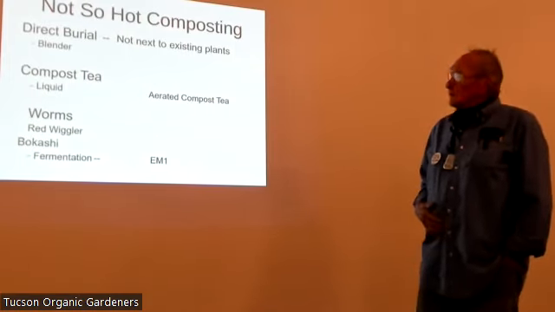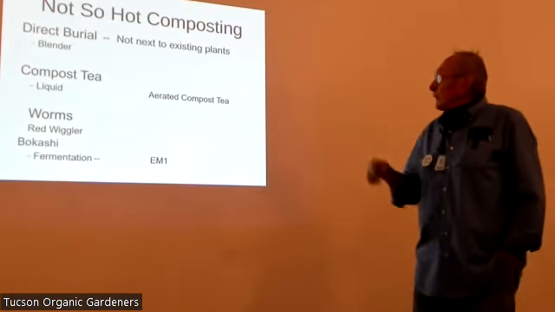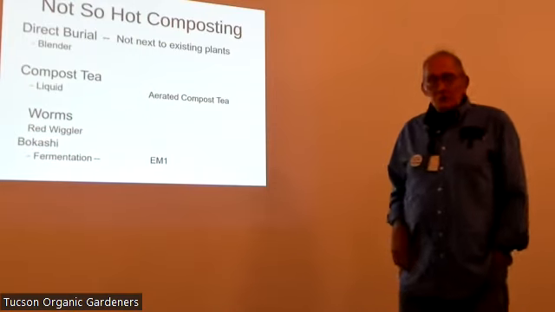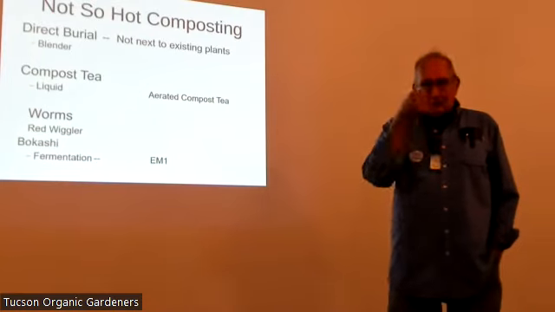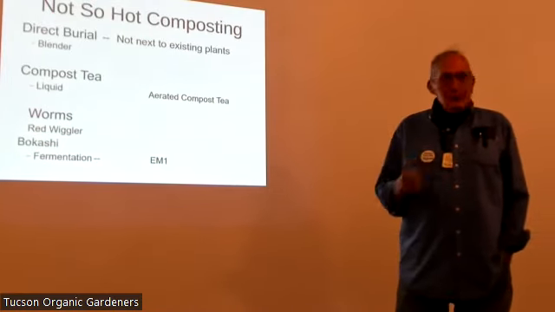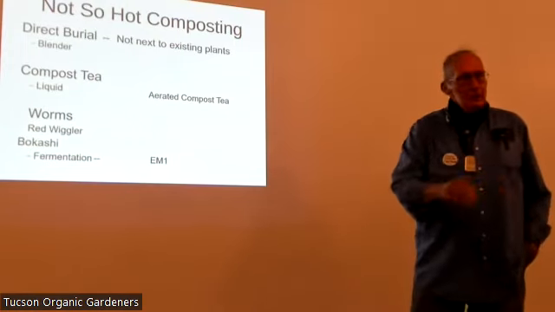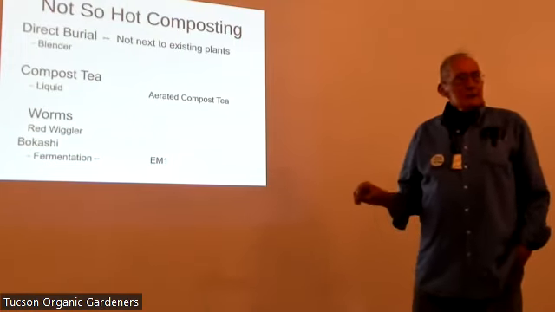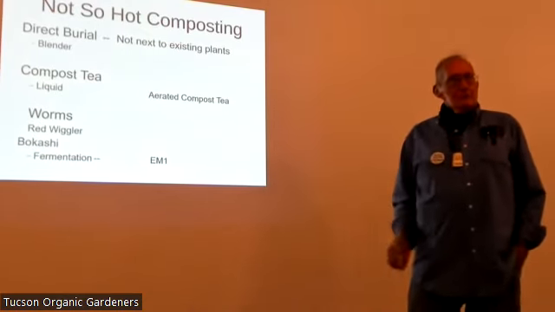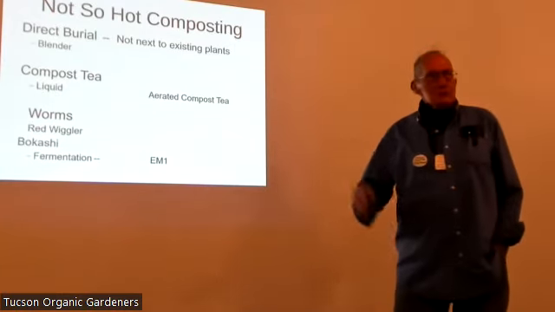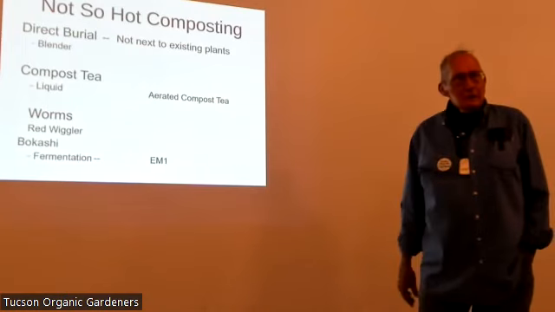But especially people with apartments or small spaces use a direct burial method, which is usually putting it through a blender with some water, and now you've got your vegetable soup, and you just make a trench and pour it in there, cover it back up with soil, and mark it, and then go to a different place. But you don't put it right on existing plants. You put it in where you're going to plant, where it'll work in.